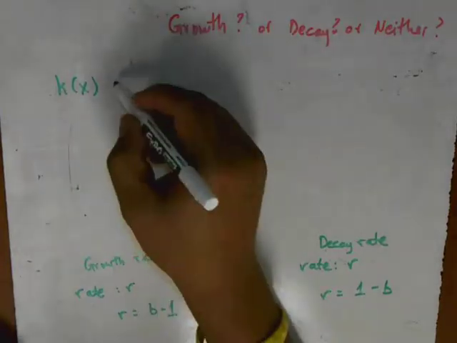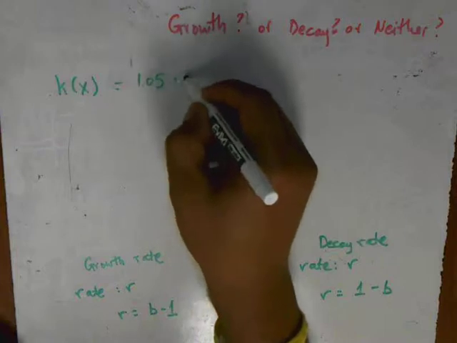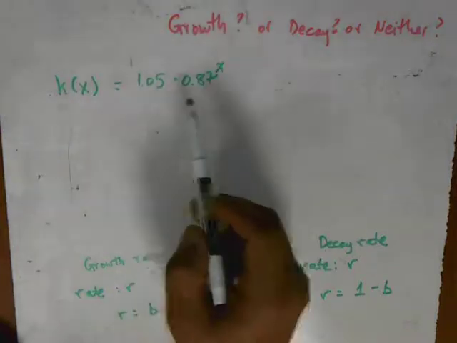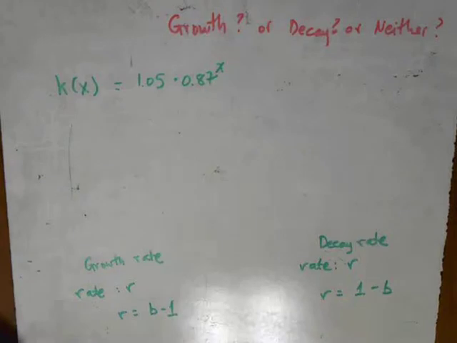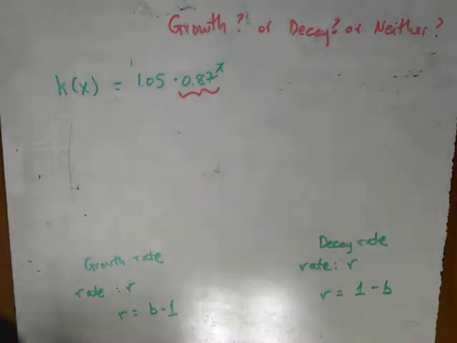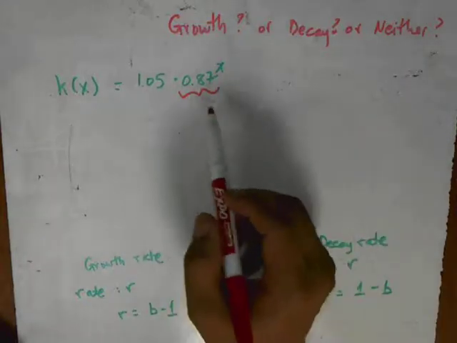So let's try a few more. What if you have k of x equals 1.05 times 0.87 to the x? Now you have a number bigger than 1, a number smaller than 1 to the x. So one thing I want to point out here is that rate of growth, and whether it's growth or decay, depends only on the base. The initial value is somewhat irrelevant. As long as it's positive, it's okay.